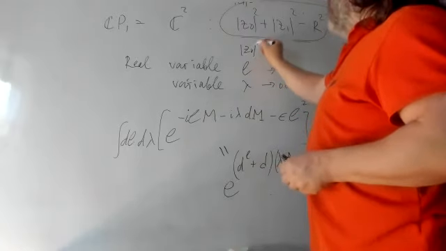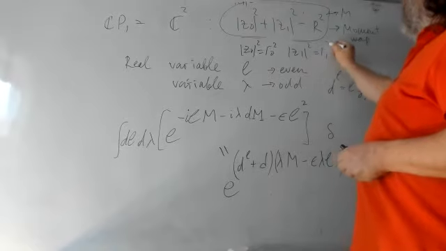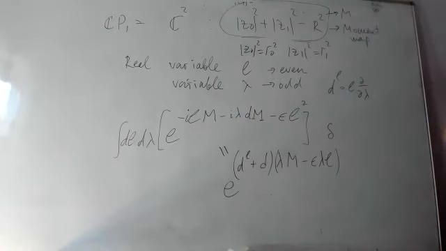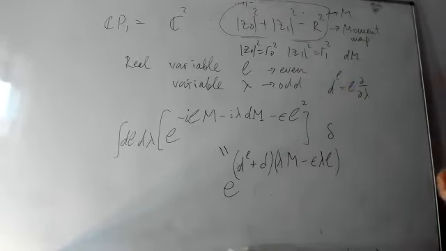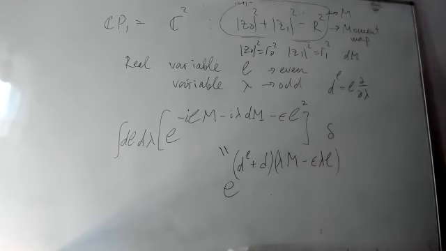So Z naught square is R naught square, Z1 square is R1 square. So dm that enters here is horizontal.